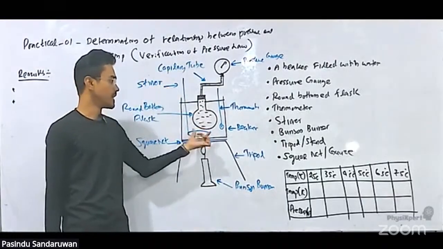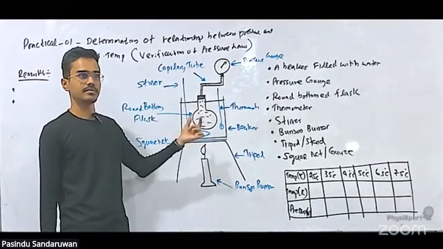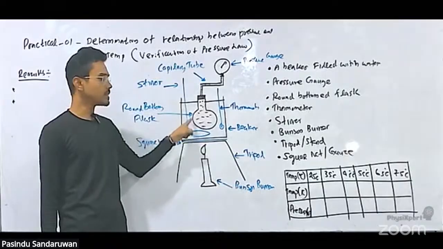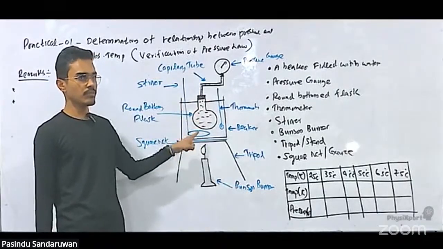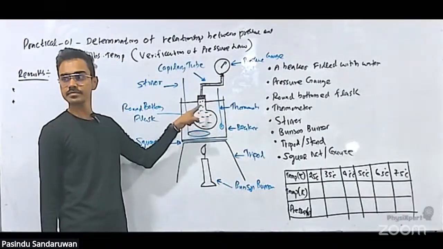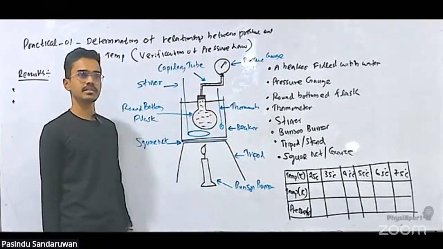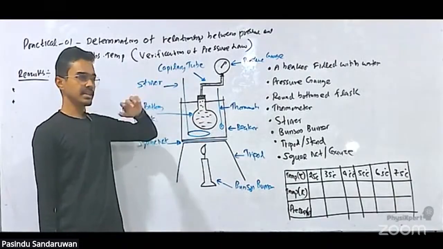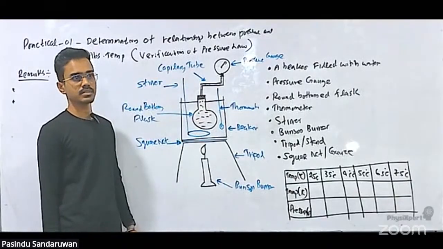Only when you stir this well is uniform heat distributed in all the volume of water, and only then do these walls get uniform heat. To control this throughout the experiment, stirring this is mandatory.